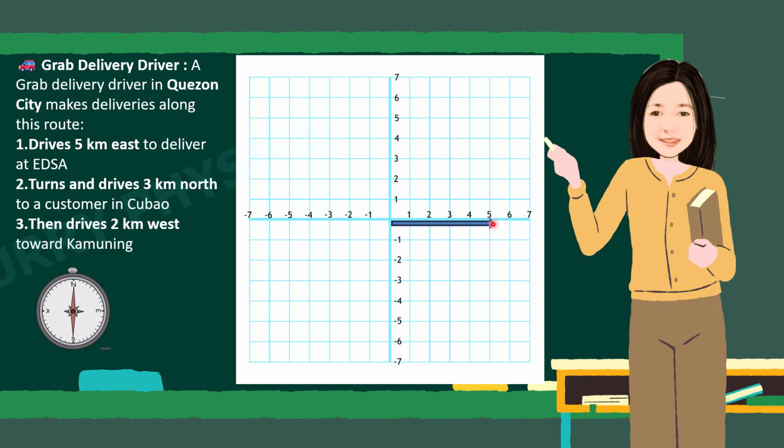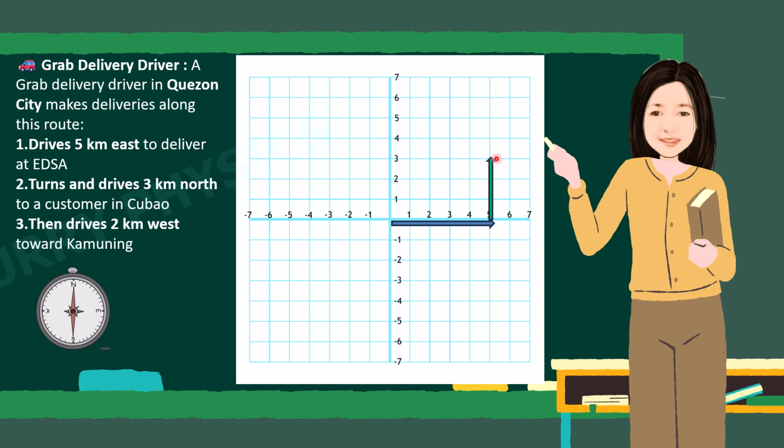Then from this point here, the Grab driver moves 3 kilometers north. North is upward, and since it is 3 kilometers, we will be using 3 squares. So this will be the second vector.